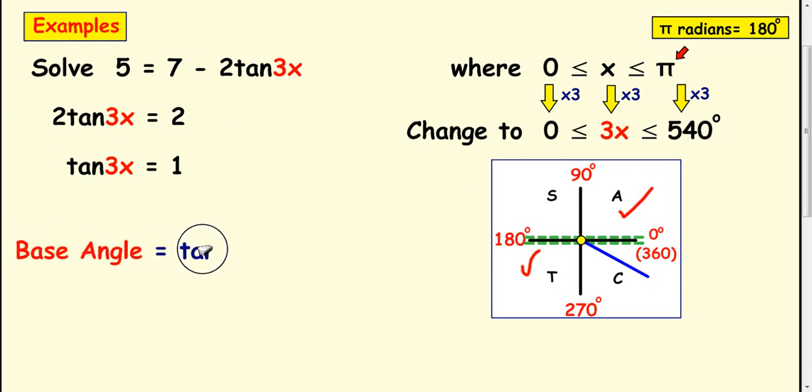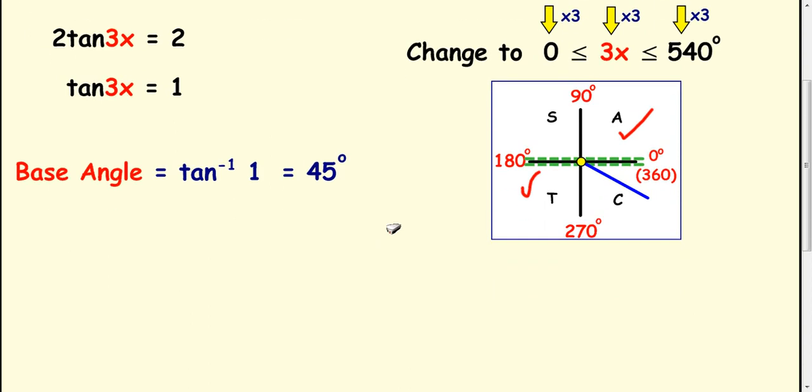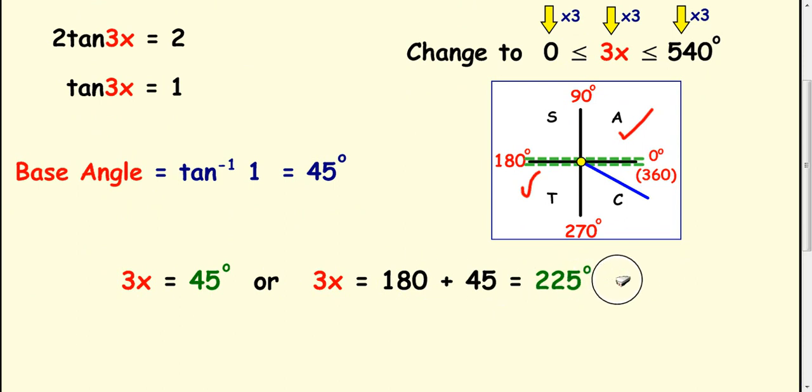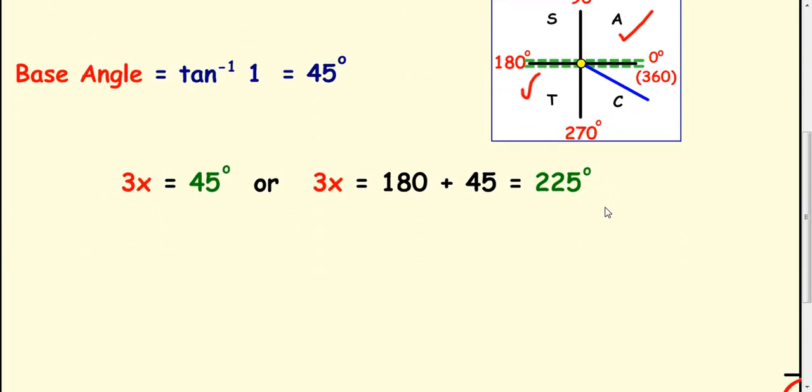Find your base angle or your acute angle, so inverse tan 1, and that comes to 45. So the first answer is 45 in the all quadrant, and the second answer will be 180 plus 45. So 3x equals 45, or 180 plus 45, which is 225.